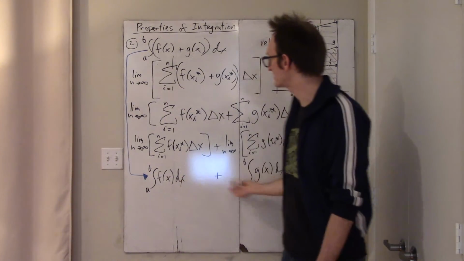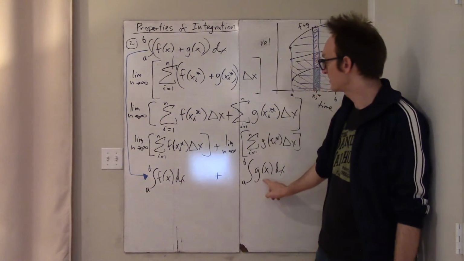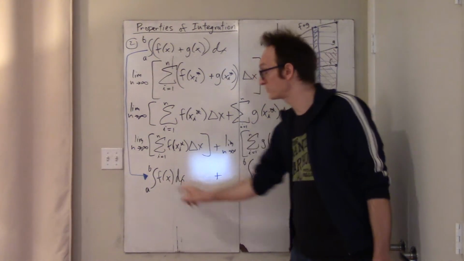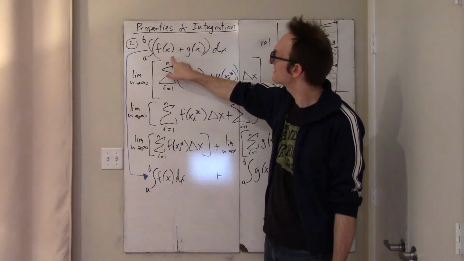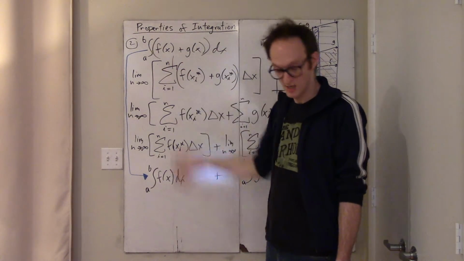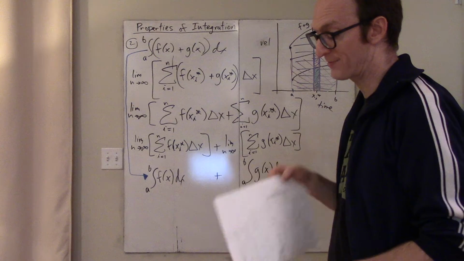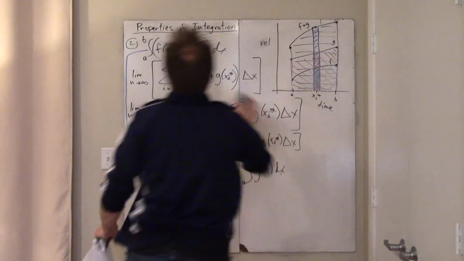And what this is saying is that the distance the train travels relative to the ground, plus the distance the person travels relative to the train, is the distance that the person travels relative to the ground. I think that's the physics interpretation of this property of integration. Okay, more.